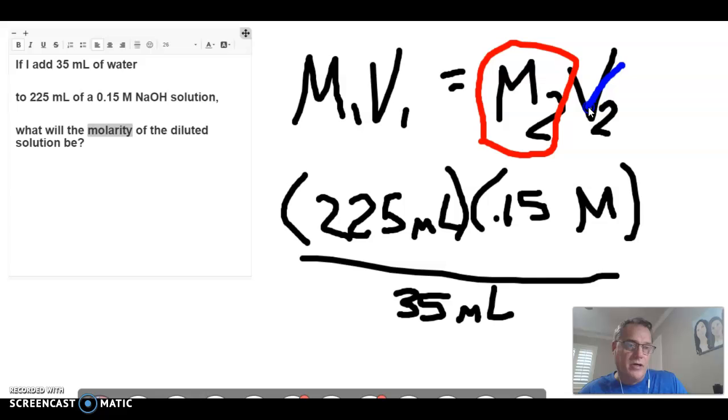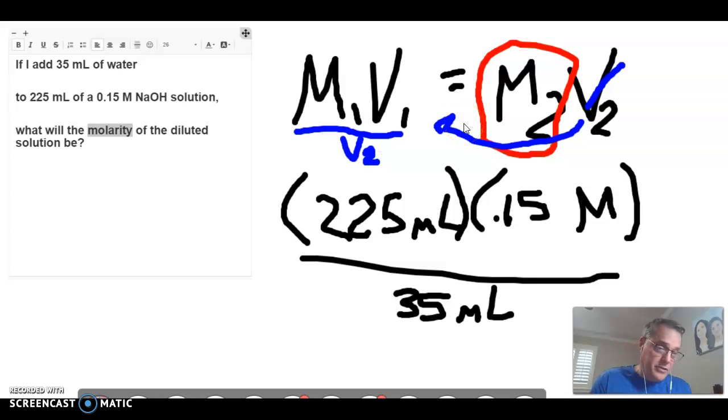As we know from our other video, to get rid of one of our characters, we take them to the other side so we can get M2 by himself. And when V2 comes to the other side, he goes to the bottom. Anytime one of these characters goes to the other side, we throw it to the bottom. So it's M1V1 over V2.